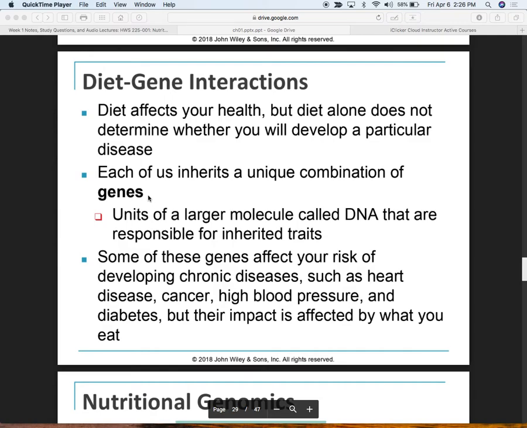Right? So have you all seen advertisements for things like 23andMe, for example? 23andMe is a genetic testing company whereby you pay a couple hundred dollars and you send away for this kit. They send you the kit, you spit in a tube, and send your spit back to them.